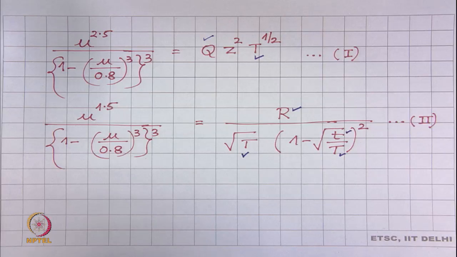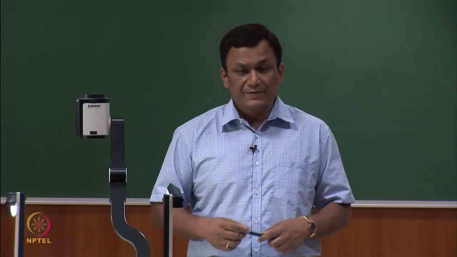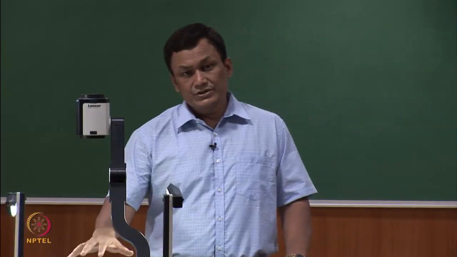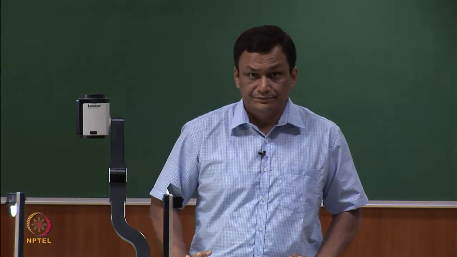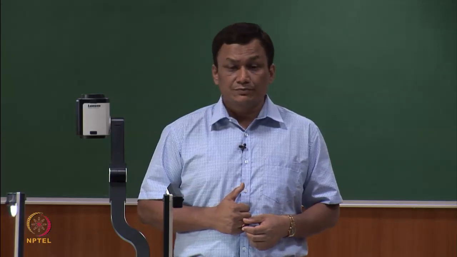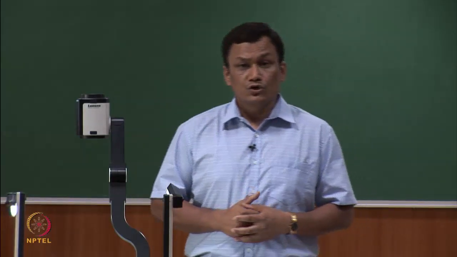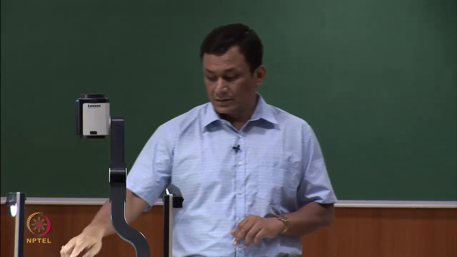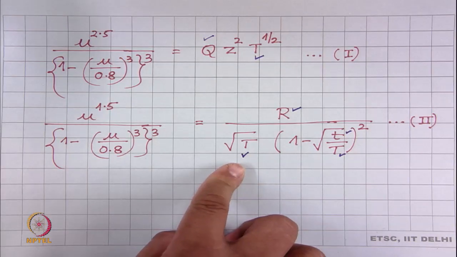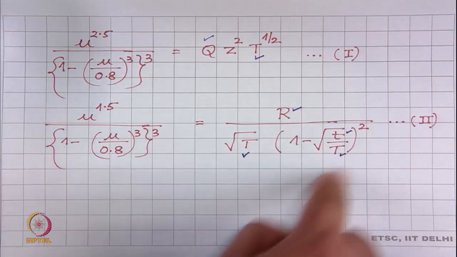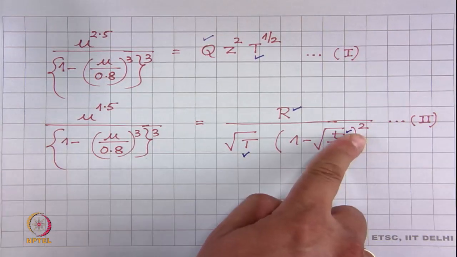Is that clear? Let me repeat it again. So, we need to learn how we can use these two equations for practical application. When the question of yarn manufacturing comes into picture, we know about fiber fineness, we know about yarn count, and also we know about which type of fiber we have to use, R. So, first we need to find out this expression, right hand side of equation 2.